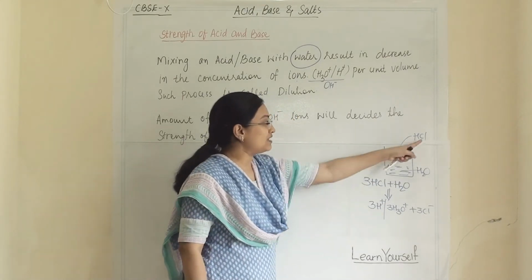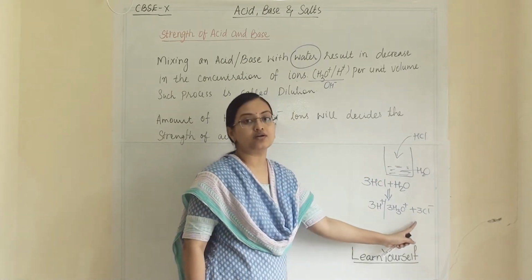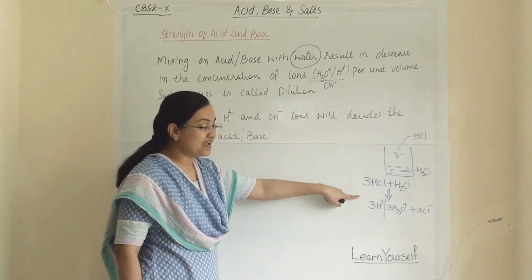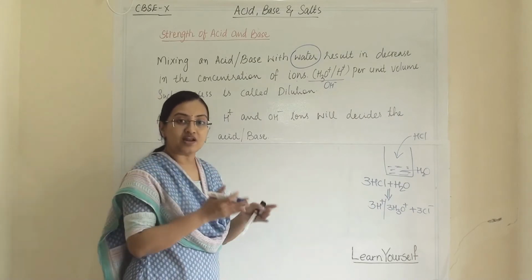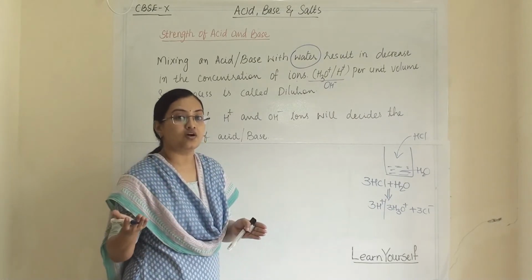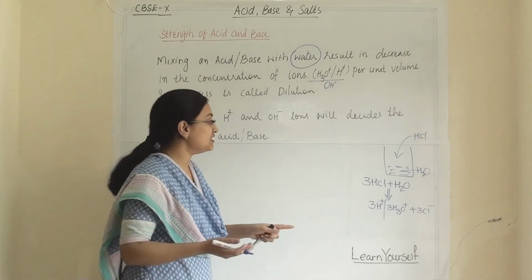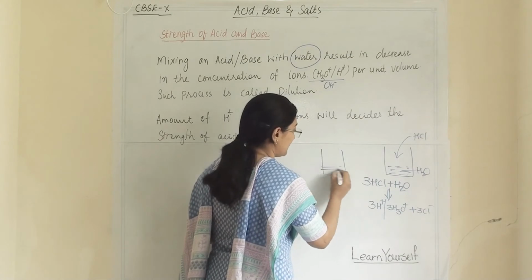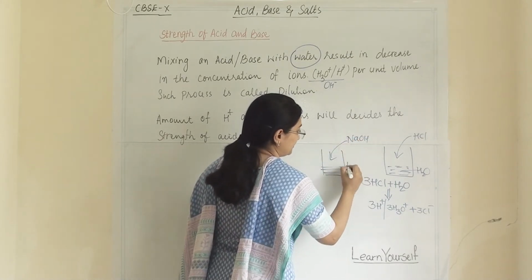As you are adding more and more hydrochloric acid, you will get more and more ions. So, this suggests that if ions are more, then the strength of acid is more. More H plus ions, stronger acid, and fewer H plus ions, weaker acid. Similarly, this will happen when you add base into water.